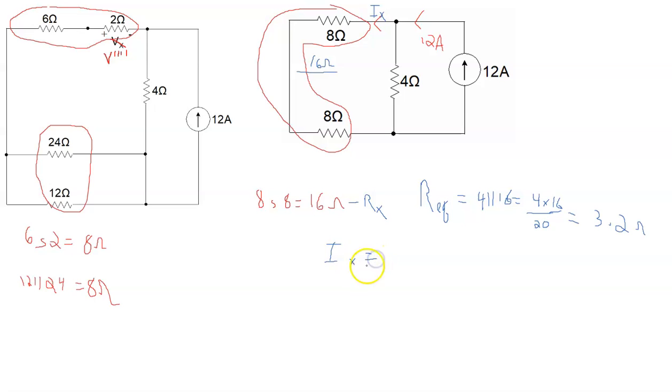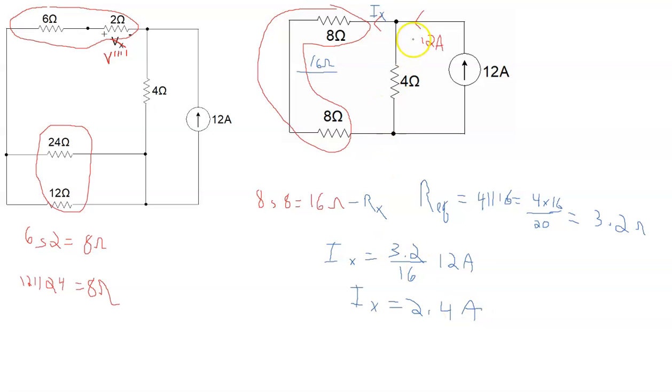So for that circuit, then my IX is equal to REQ, 3.2, over RX, which is 16, multiplied by IT, which is 12 amps, and IX is equal to 2.4 amps.